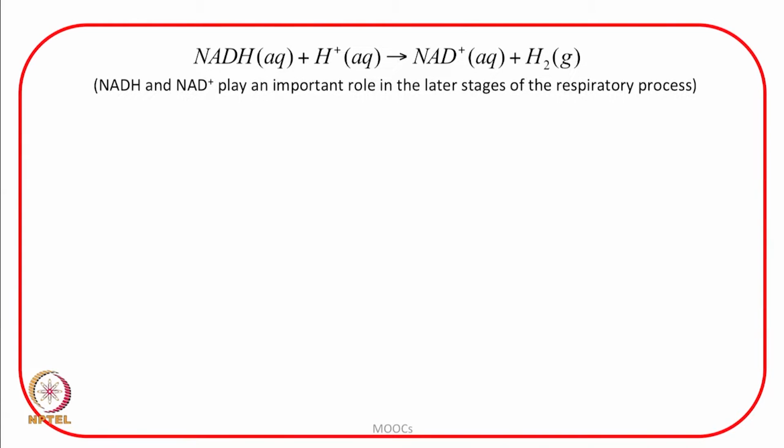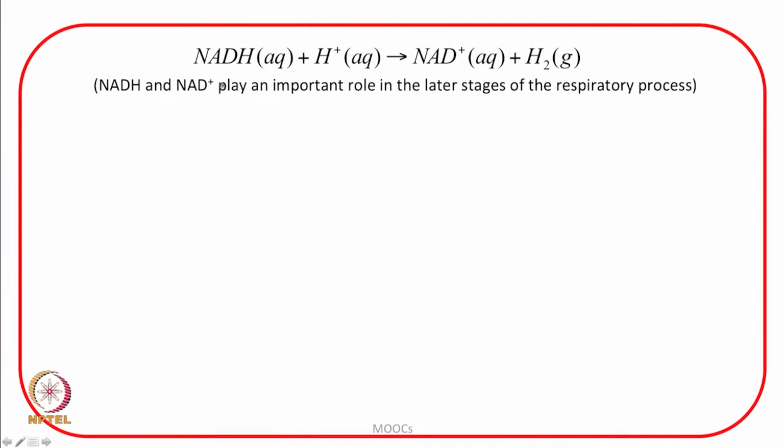Let us consider an example. Nicotinamide adenine dinucleotide. In the given reaction, we have the reduced form of nicotinamide adenine dinucleotide, NADH, and NAD plus is the oxidized form, and this is the reaction.